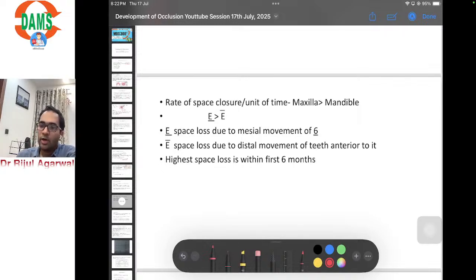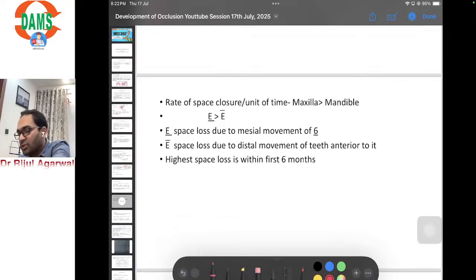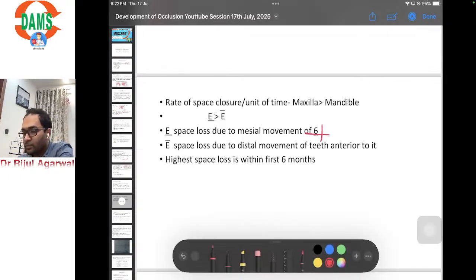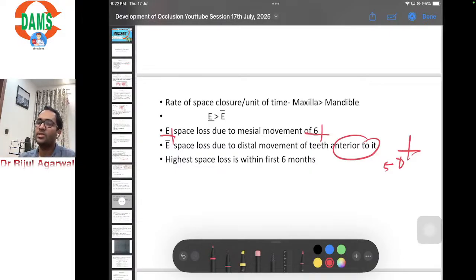With early exfoliation of upper molars, the space closure occurs due to mesialization of the permanent first molar, whereas with early exfoliation of the lower second molar, the space loss is due to the distal movement of the teeth anterior to it, meaning the D can distalize. It's not due to mesialization of the lower molar but rather distalization of the lower primary first molar. And the highest amount of space loss occurs within the first 6 months.